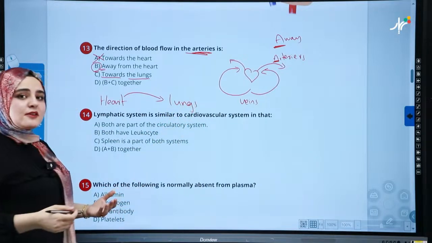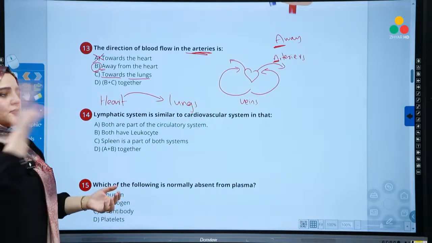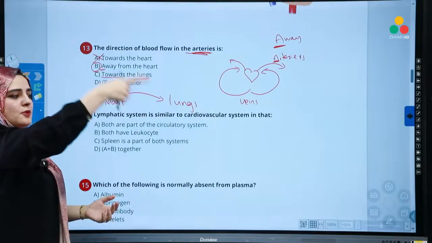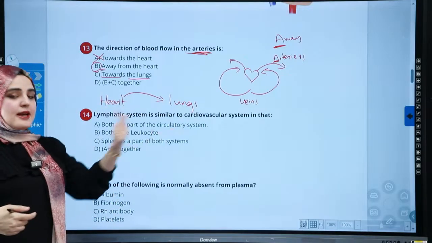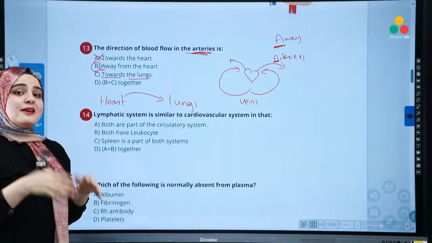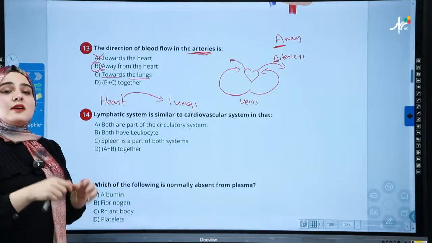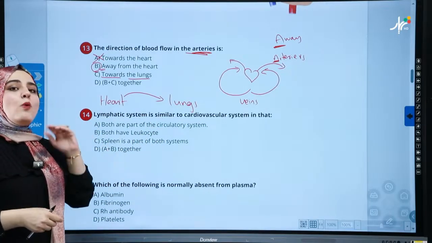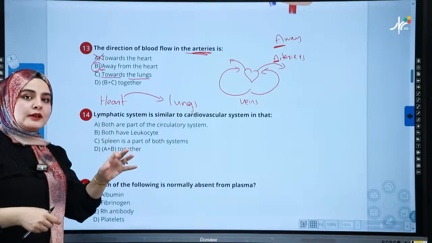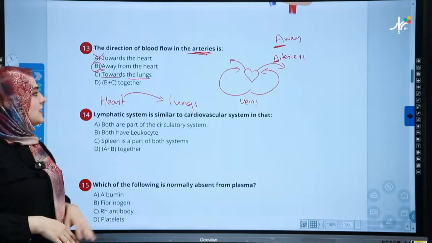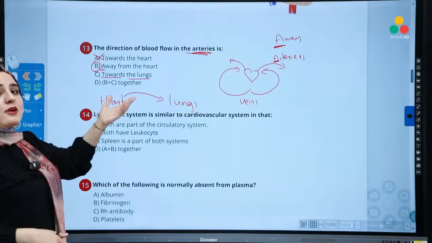It's a different perspective. It's like if I see a ball thrown, from my perspective, it's thrown that way. But if I was standing there, it's coming toward me. It's the same thing. The blood from the arteries goes towards the organs, but away from the heart only, while it's opposite for the veins. So if I stopped here, I was getting a wrong answer.